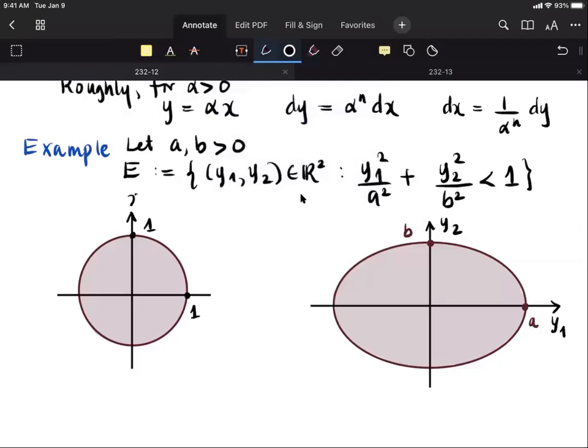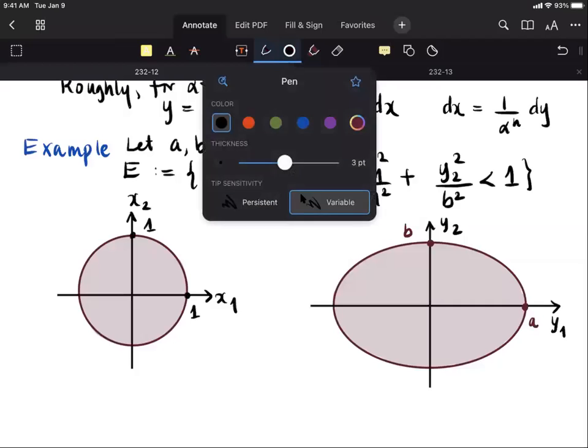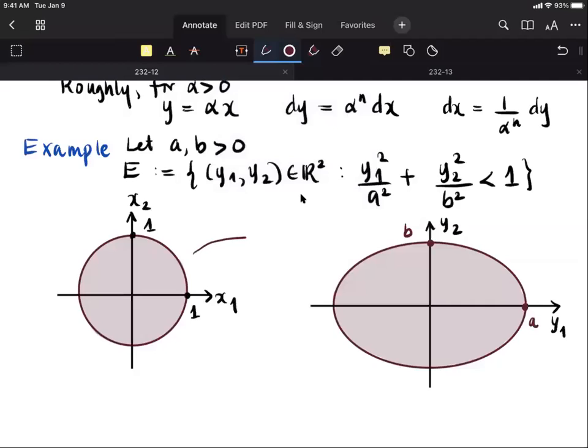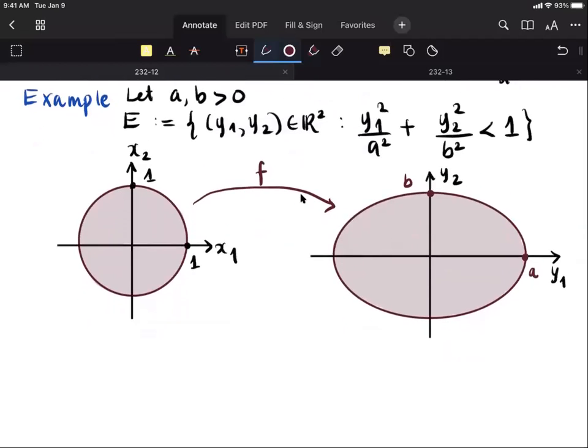Here, let's say this is x sub 2 and x sub 1, and I want to map this unit ball into the ellipse E. Let us denote the interior of this to be the unit ball.